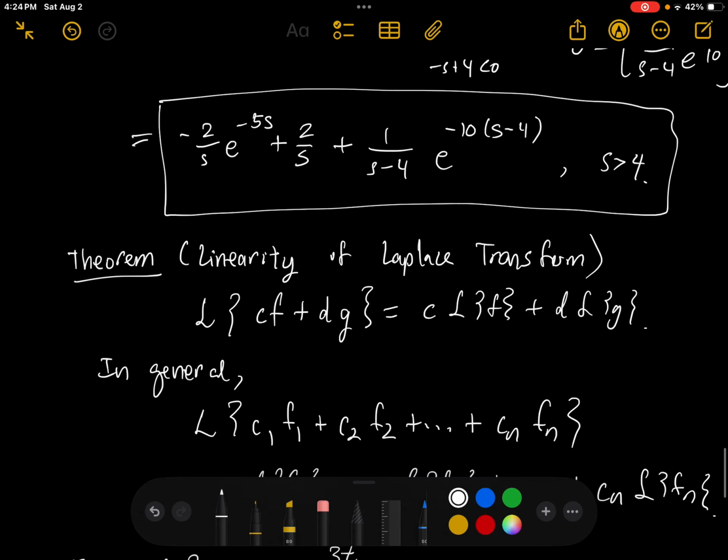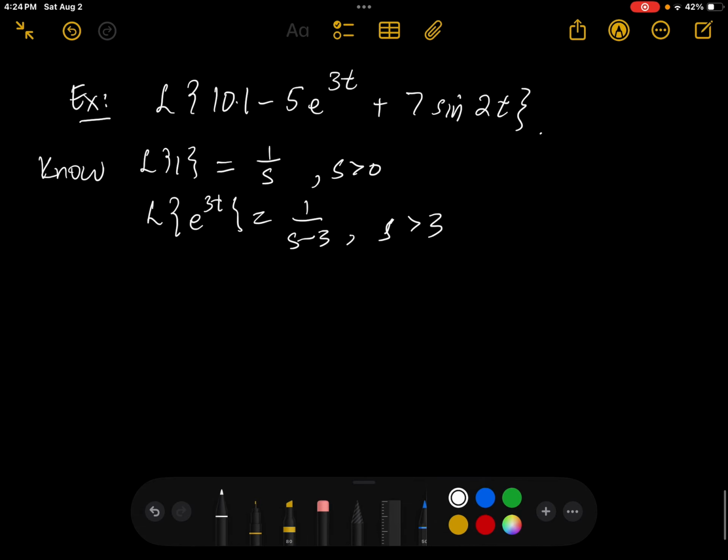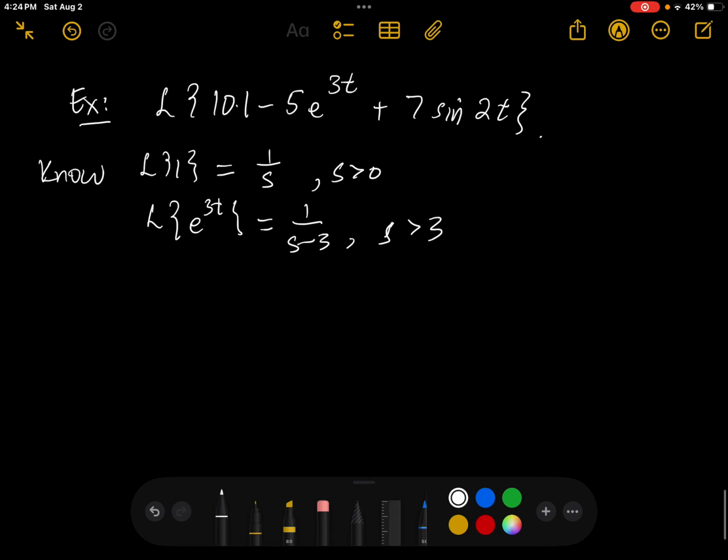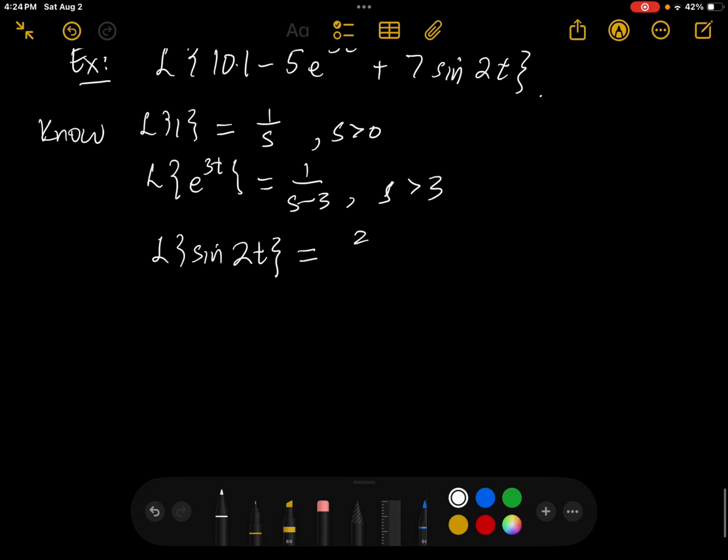And we found the Laplace transform of sine of bt, and we have a sine of 2t here. So the Laplace transform of sine of 2t is, remember, b over s squared plus b squared. So it's 2 over s squared plus 4, as long as s is bigger than 0.